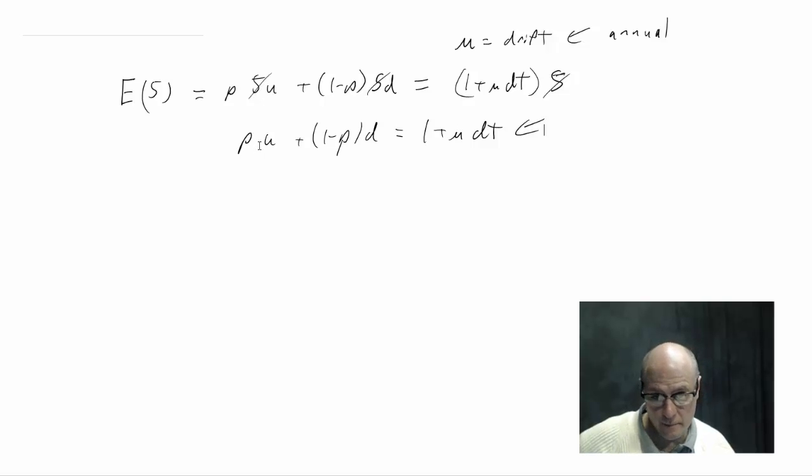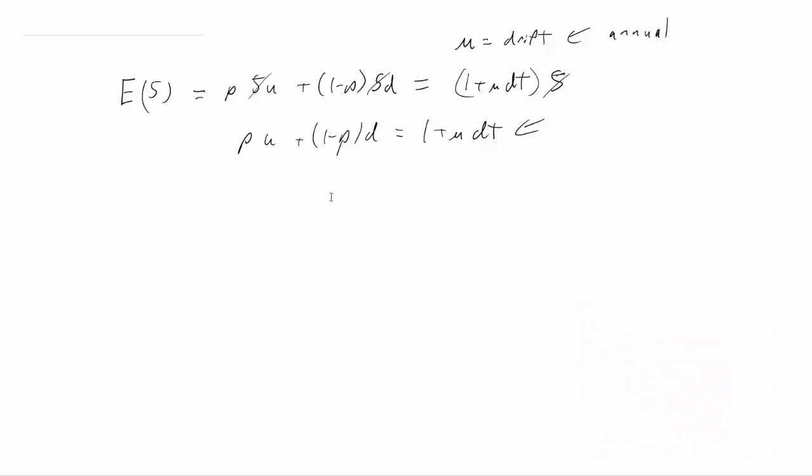The left side of the equation, the P I don't know yet, and the up and the down we're not sure of yet either. But I've got 3 unknowns on this side. Another assumption. Not every question that we have will match this assumption, but the assumption that we're going to use is that the up is equal to 1 plus something and the down is equal to 1 minus something.